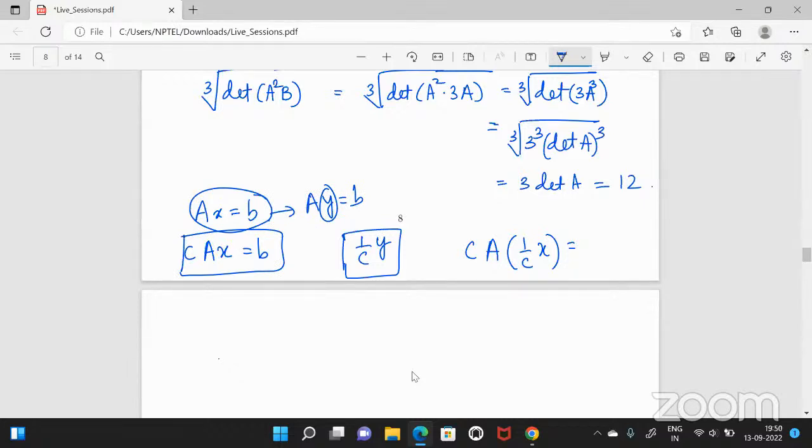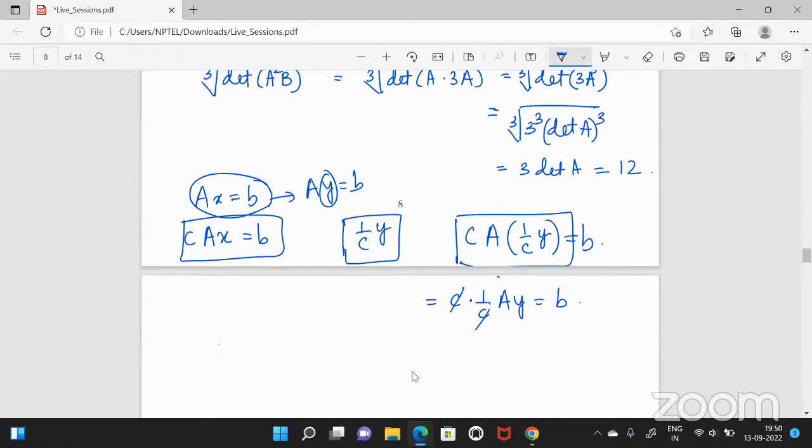Okay. So I am multiplying by a number. I can take that number out, right? Like I can take it out of the matrix as well, right? Yes. So it's going to be C times 1 by C, AY. What is C times 1 by C? They cancel. AY is equal to B. So this is a solution, right? Means 1 by C times Y satisfies CAX is equal to B. Yes or no?